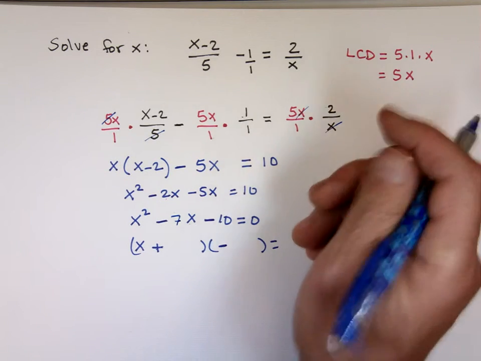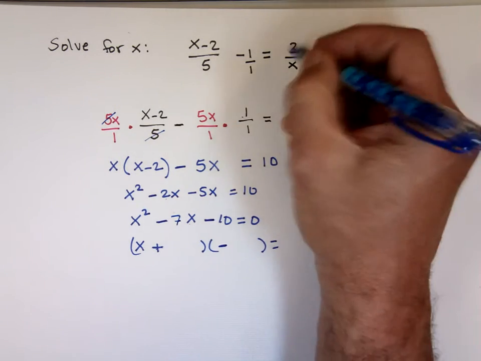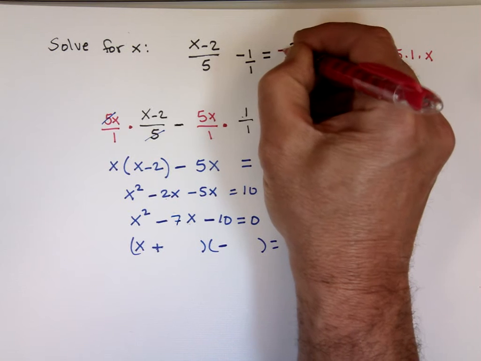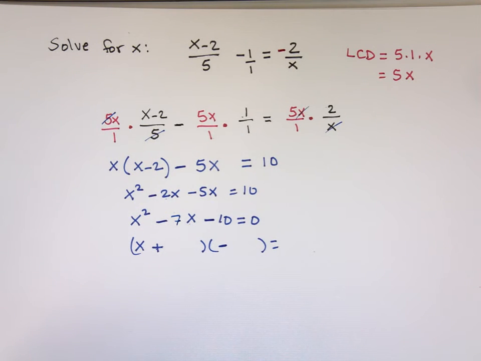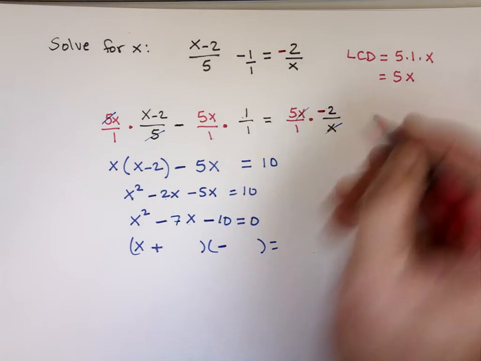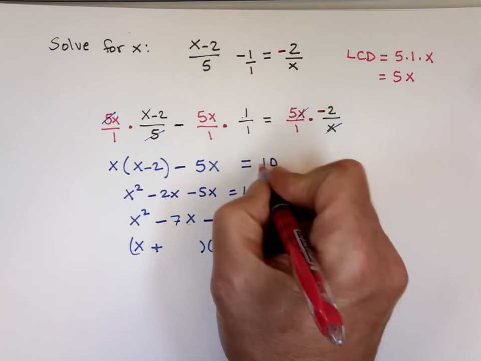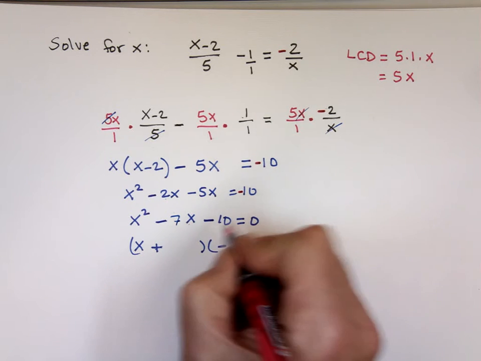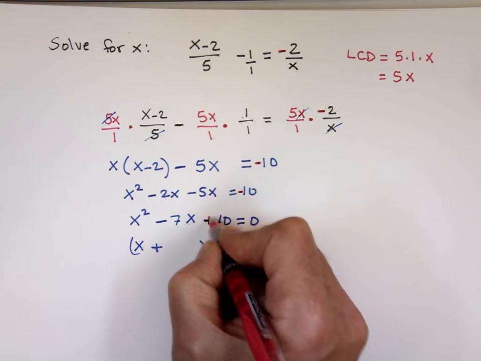Let's go back, because otherwise you're not going to be able to factor this. We didn't cover the other method. Let's make that a minus here. So if I put a minus here, what's 5 times a minus 2? That's a negative 10. When you bring it to this side, it becomes positive 10. I changed the problem a little bit.